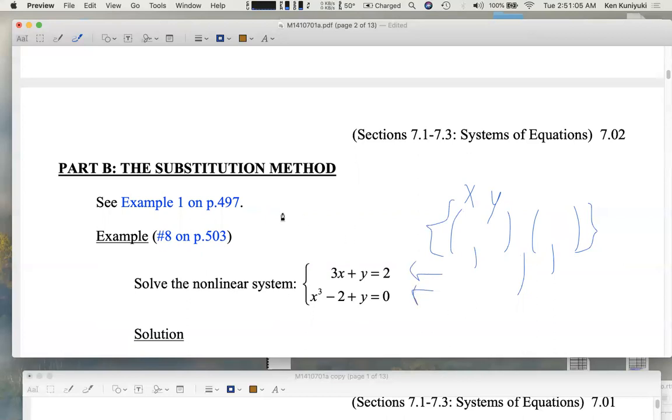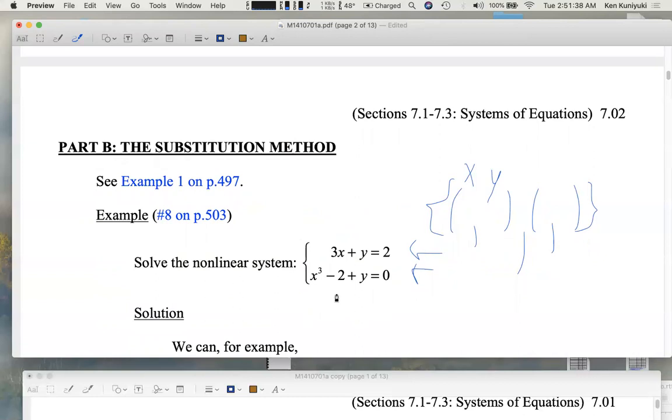In fact, as we'll see, the solution set could be the empty set. In some cases, it's all possible pairs of x and y, or R2. Although that will be rare if you see it at all in our homework examples. However, you will see homework examples where the solution set could be the empty set, where there are no pairs x and y that will solve all the equations in the system.